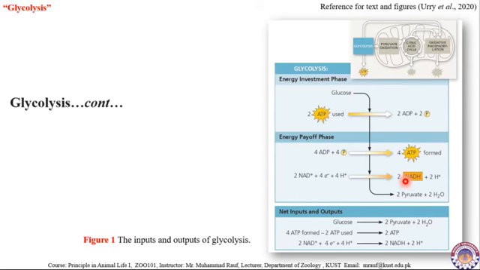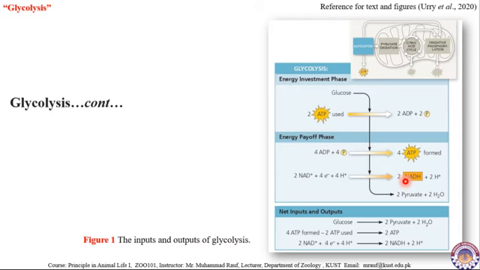On the right side, you can see a short description of this whole process. It is a process where 10 chemical reactions are involved. Each reaction is catalyzed by enzymes. These 10 reactions can be divided into 3 phases. The first phase is the energy investment phase. In that phase, the cell uses its ATPs in order to bring glucose to a form from which energy can be derived later.